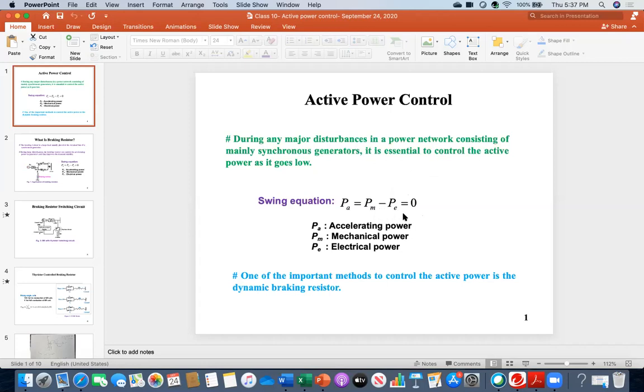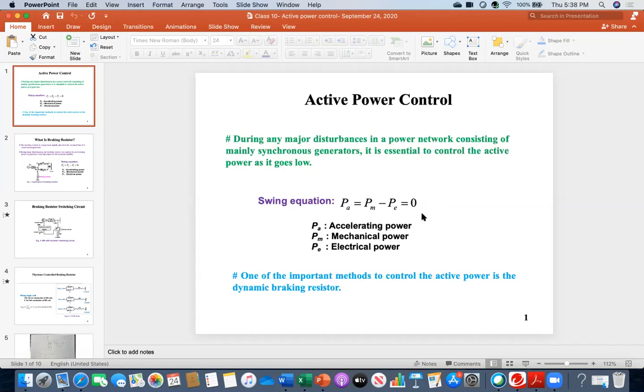Because the result will be negative, the system will decelerate. So in that case, your goal will be to reduce the active power. Again, that is active power control. So in either way, when P goes low because of any fault, you have to increase P; or when some customers injected load and P is going high, you have to reduce P. That is the meaning of active power control.